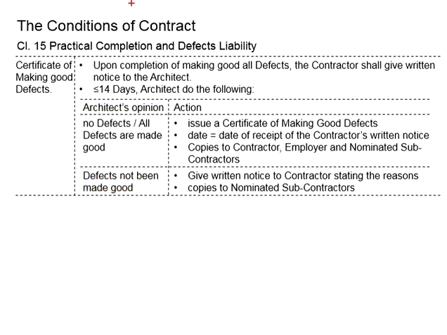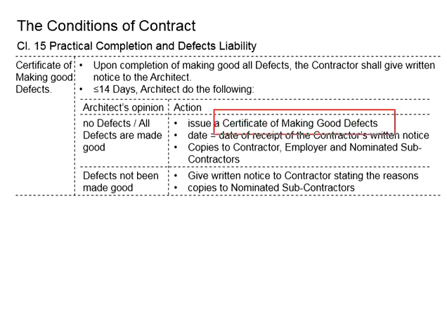Let's say now the contractor has done all the rectification works. That means no defects are observed by the architect, or the relevant defects have already been made good. The architect will issue the certificate of making good defects.